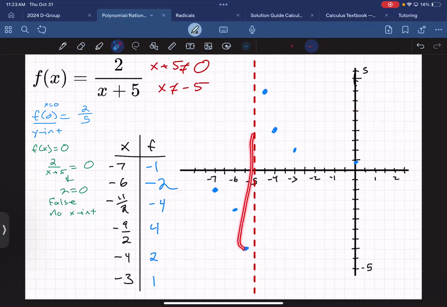Should I take this point and connect it to that point? Why not? But we don't want to use -5, right? So if we just follow the fact that we don't want to use -5, what you need to do is kind of draw a line that looks like this.